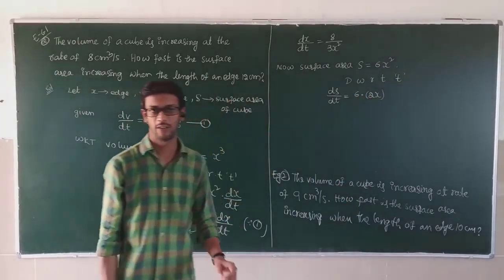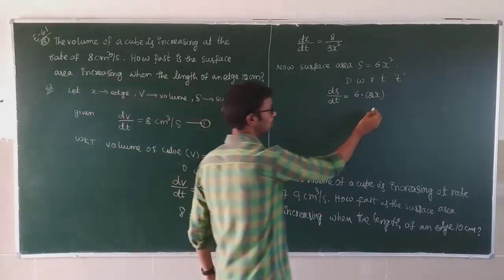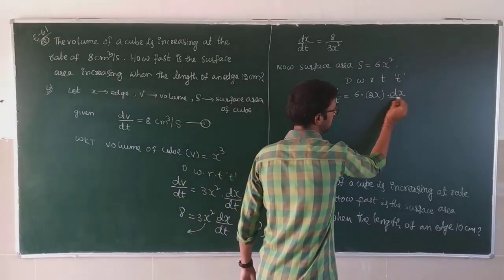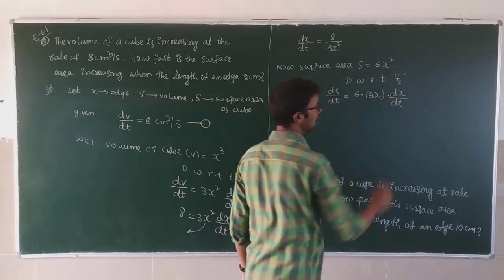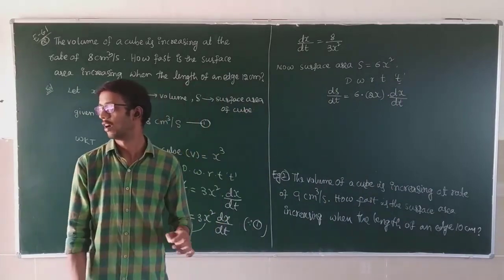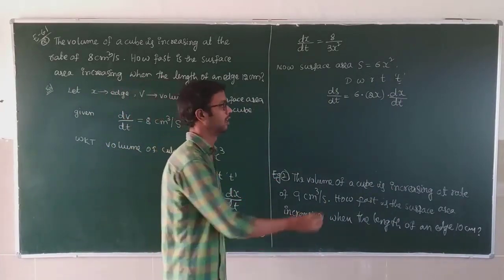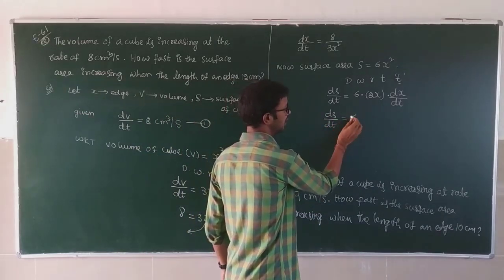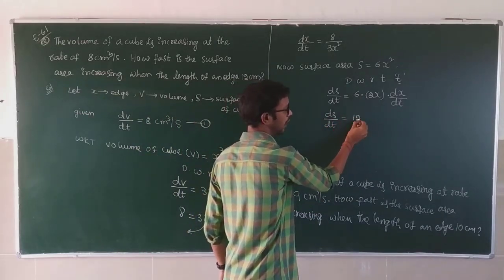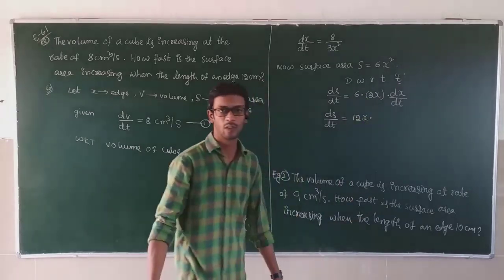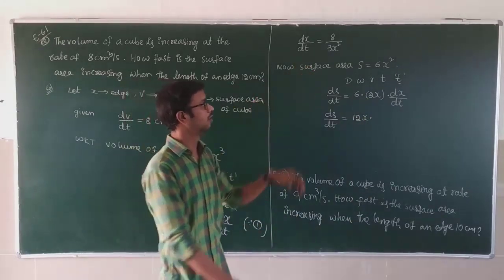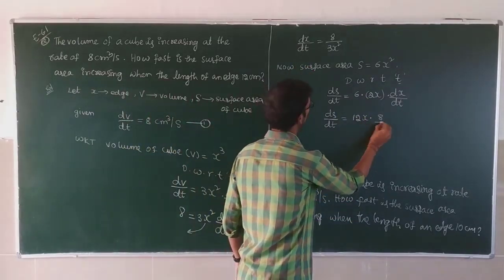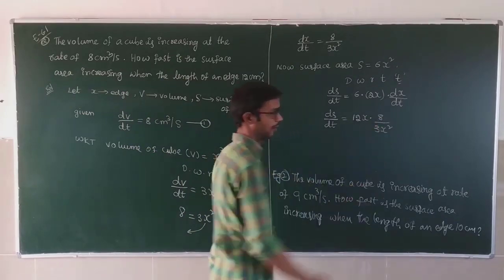X square derivation is 2x into dx by dt. Why? Because t plus x is there. So we have to write dx by dt. dS by dt is equal to 12x into. What is the dx by dt value? dx by dt value is 8 by 3x square.